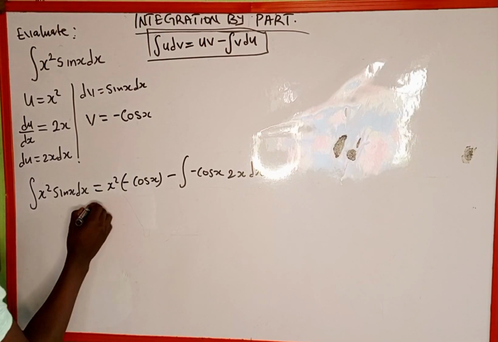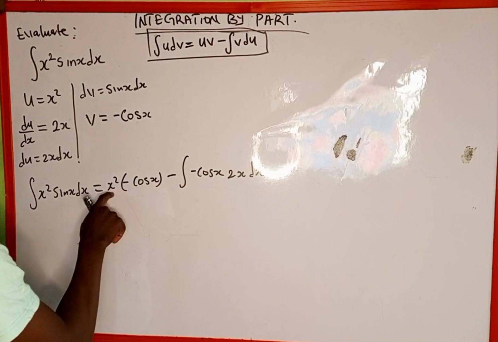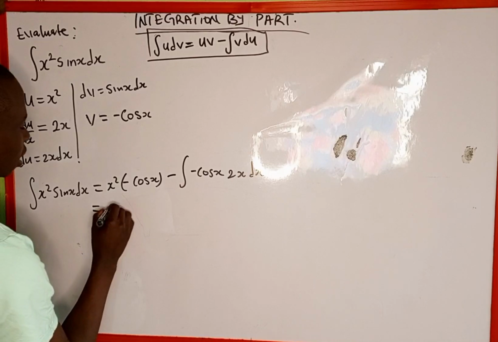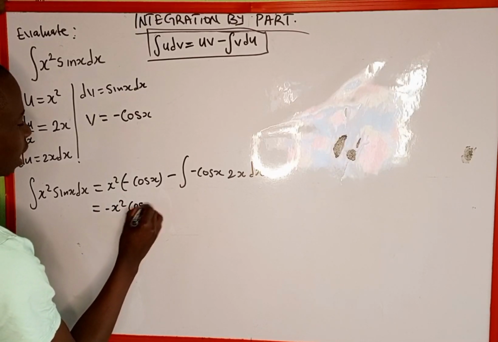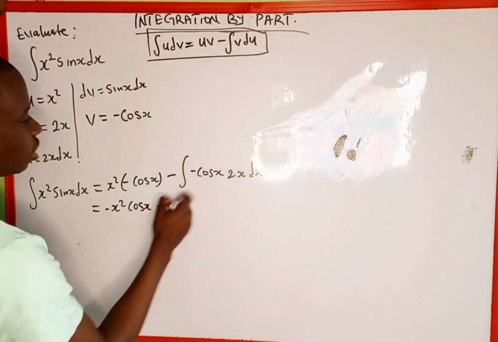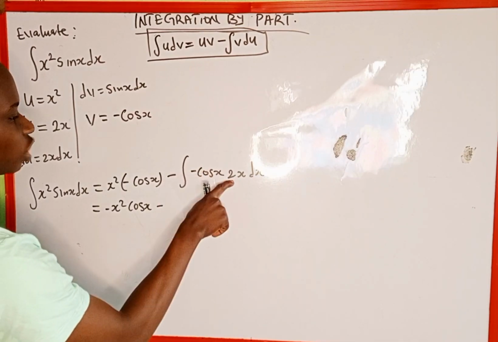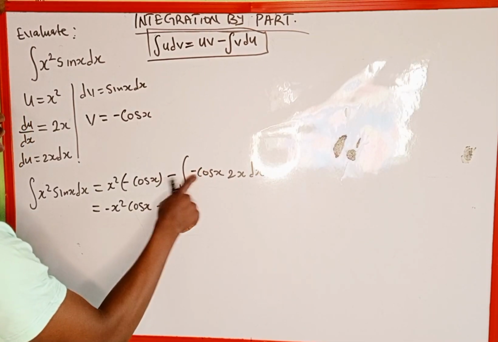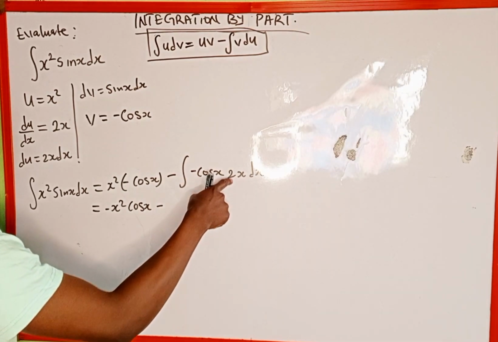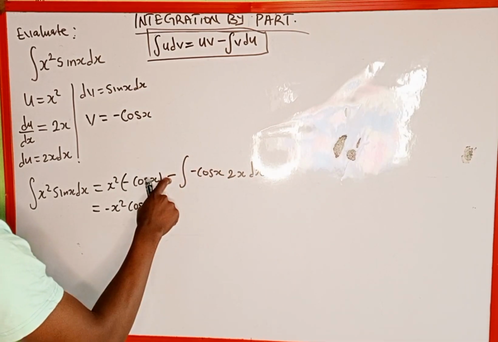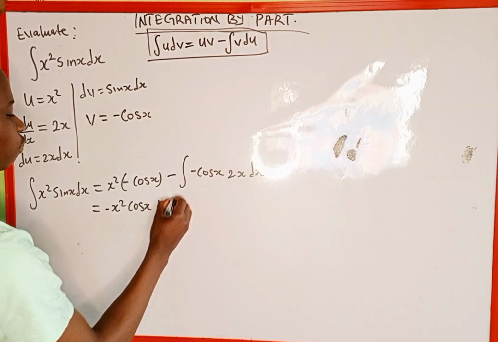Now this is going to be equal to what? Negative cosine x multiplied by x squared is the same as negative x squared cosine x. Then negative, we are going to factor out negative 2 here. Negative multiplied by 2 is negative 2. Then negative 2 multiplied by negative is going to be positive 2.